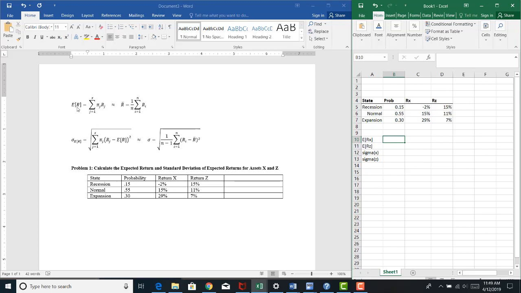So I'm going to calculate the expected return. I'm going to multiply the probability of the jth state, or in this case the first state, times the return for that stock in that state. And I'm going to do that for each of the economic states, and I'm going to sum across the economic states.